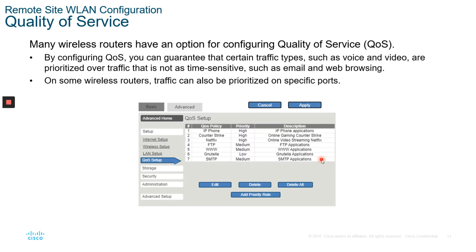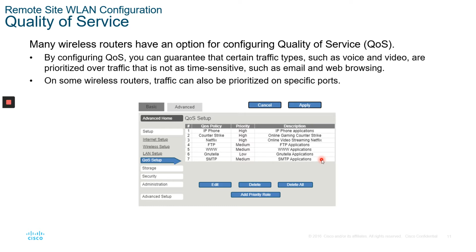Okay, and the next one is quality of service. Routers can provide you quality of service as well. It again depends on what router you are using, so it depends on the model. Quality of service simply means you can configure a number of ports for voice and video traffic, and you can also configure the priority.